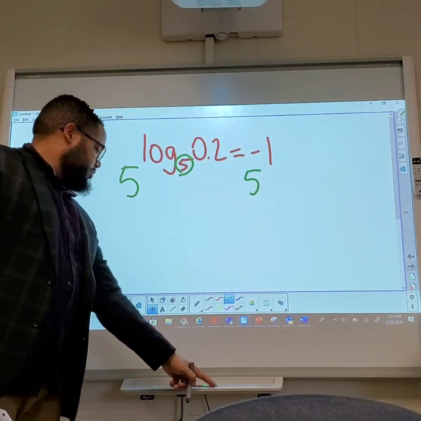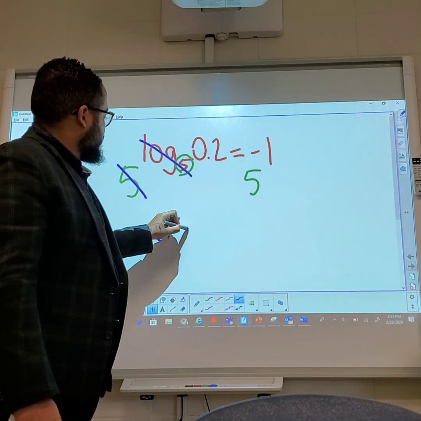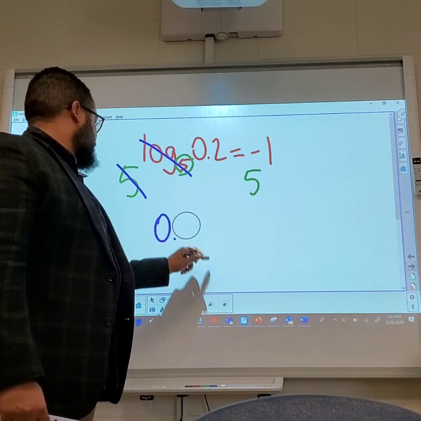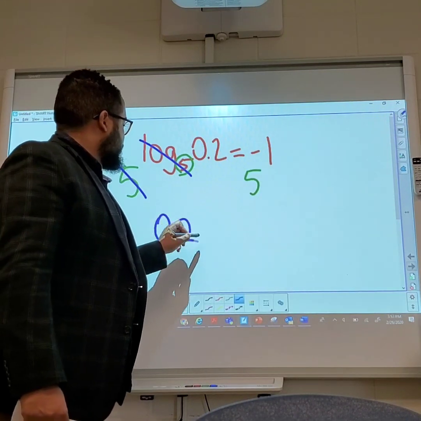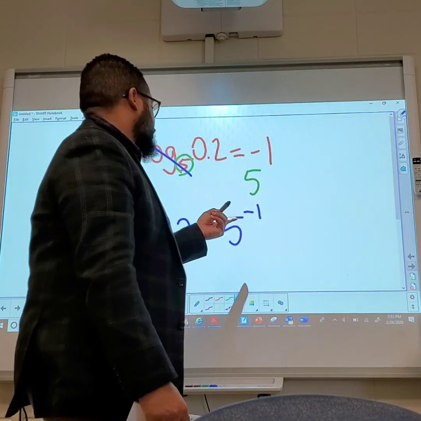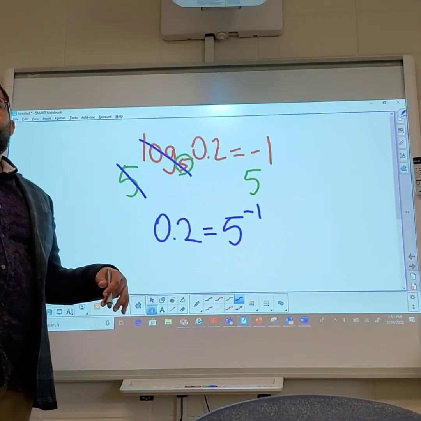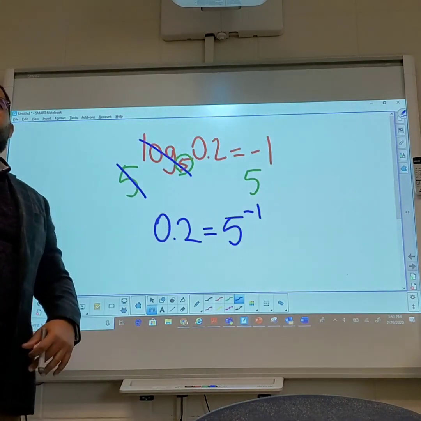Then we cancel the log. So it'll be 5 to the negative 1 equals 0.2, or 1/5. We're just going to leave it at that because it wants it in exponential form. So you just leave the exponent there.